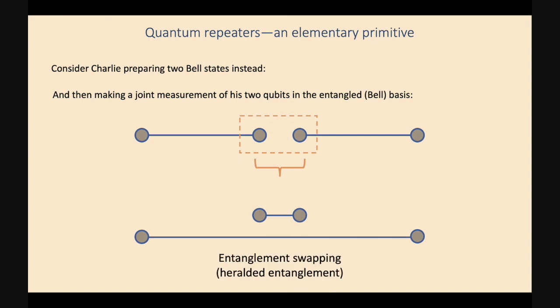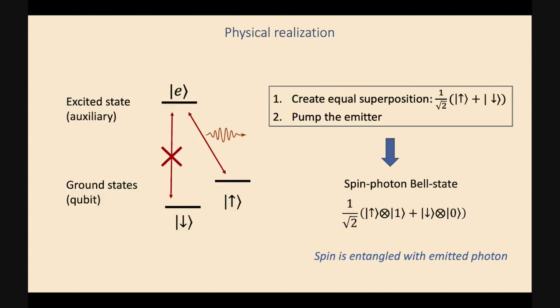So this is a very important primitive in quantum networks, this projective measurement in the correlated basis. And it's also known as heralded entanglement because upon this measurement, you know that the other qubits are entangled.